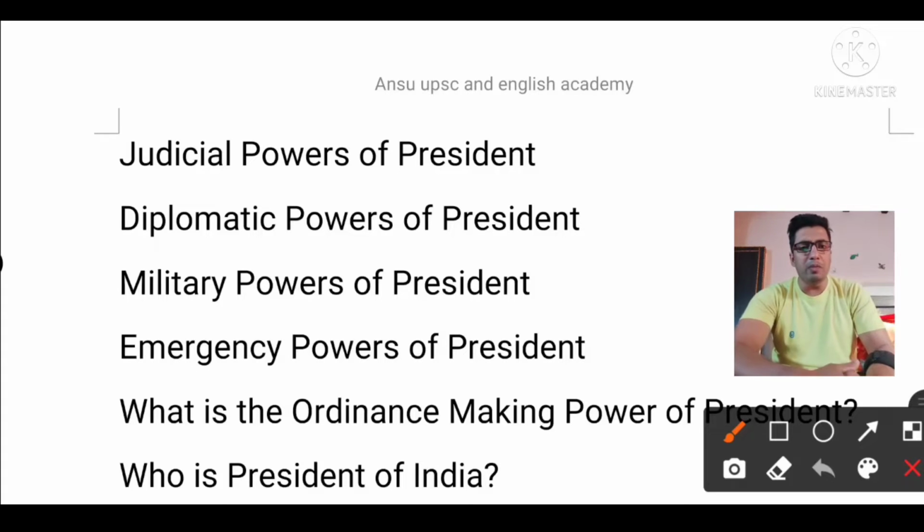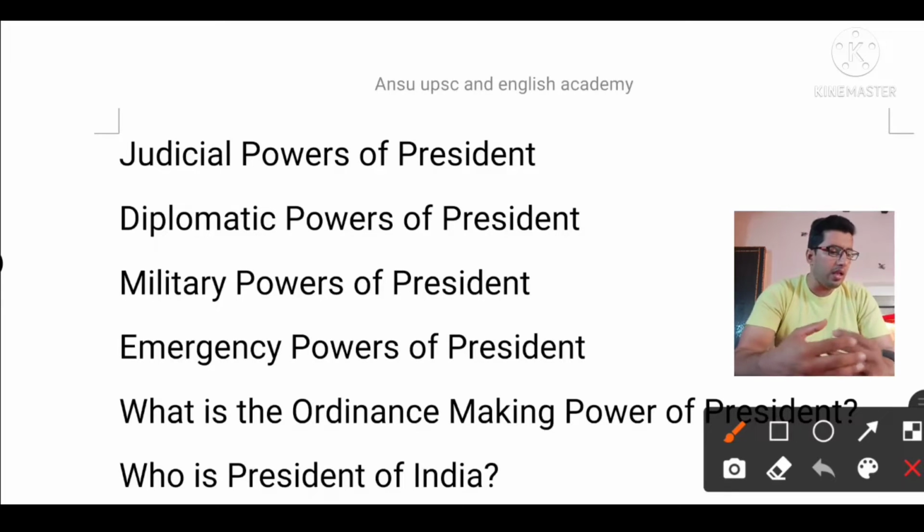If I talk about the diplomatic powers of the president, whenever an officer is posted in an embassy, first of all he has to meet the president, and it is compulsory to present all his credentials in front of the president, and the president would talk to and get to know that person. This is the diplomatic power available with the president.